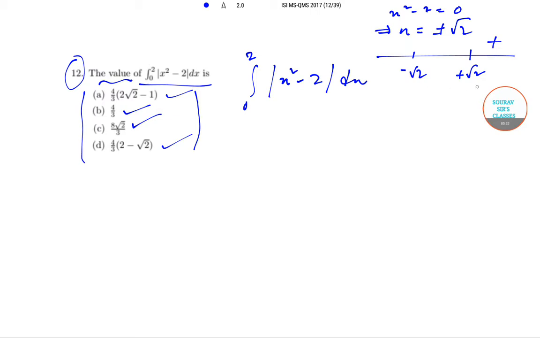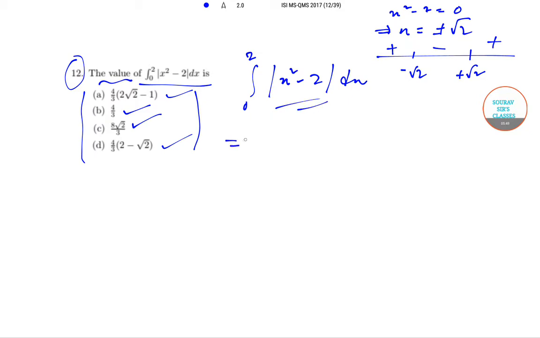Between minus root 2 and plus root 2, x square minus 2 is negative. And for x less than minus root 2, x square minus 2 is again positive. So this is the thing that we need to implement in this structure.